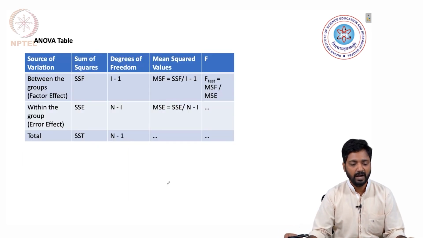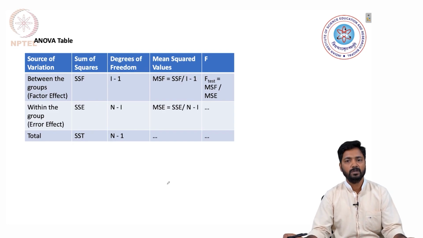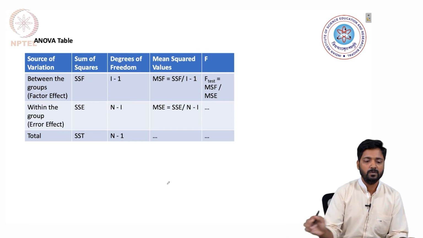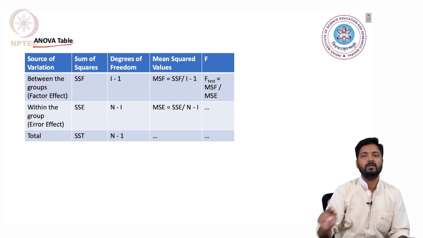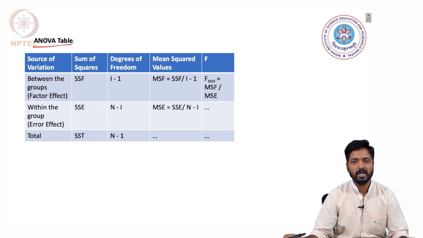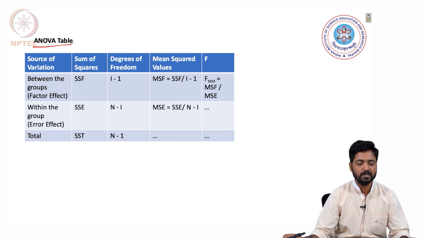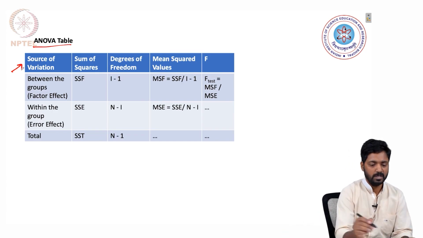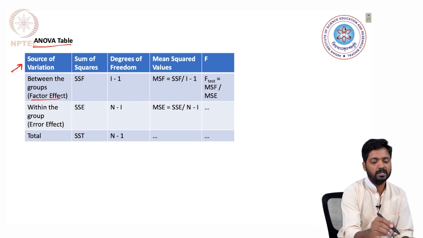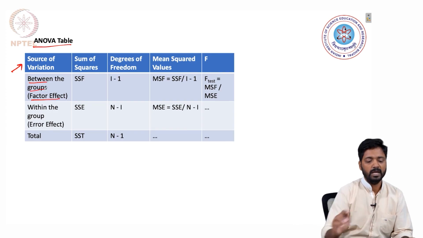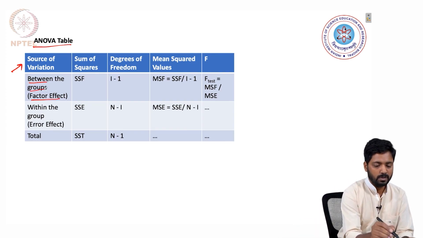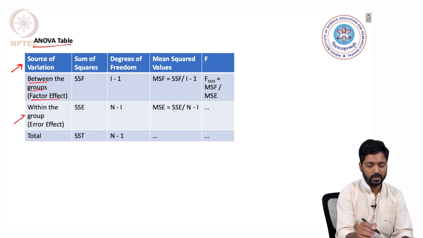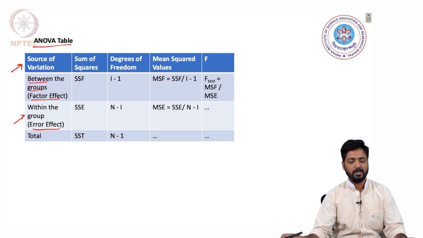So, what we have to do after we have performed our ANOVA analysis is to prepare what is known as an ANOVA table, where we summarize our calculations based on the source of variation, which in this case is the factor effect between the groups, and also the variation that is present within a group, which is called the error effect.